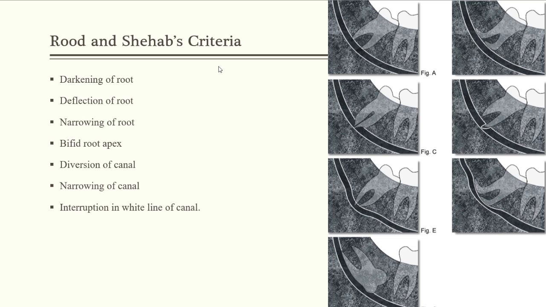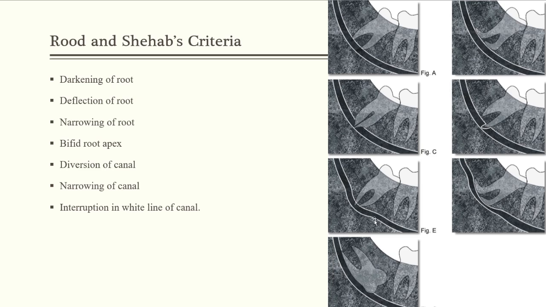Now, some of them are similar in both sides, like darkening of the root, deflection of the root, or diversion of the canal, narrowing of the root or the canal, bifid root apex, and interruption of the white line. We can't see the white line of the ID canal.